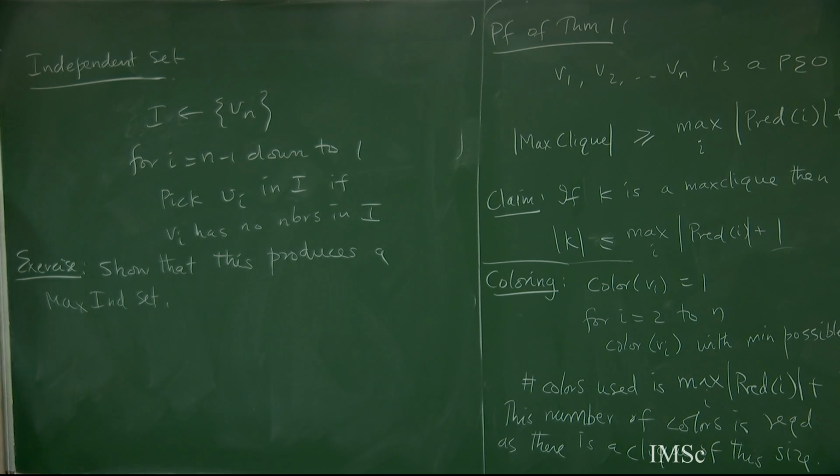We can show that Vn is always in a maximum independent set. Can we at least argue that without loss of generality, Vn will be in any maximum independent set? That's easy to argue.